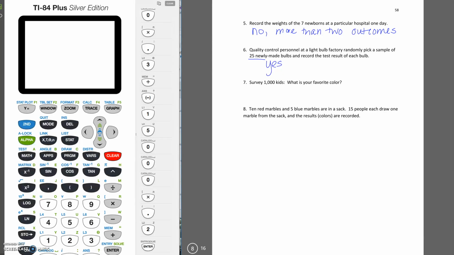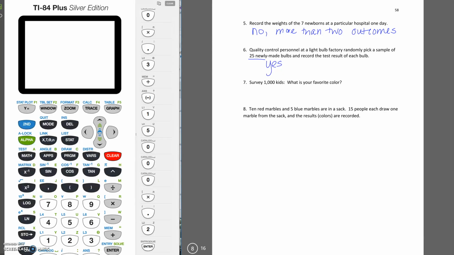Either the bulb is good or bad. Since 25 light bulbs is probably very, very small compared to how many light bulbs they're making, their sample would be big enough that this would be considered independent. And we would assume that from the process, each light bulb would have the same probability of working.